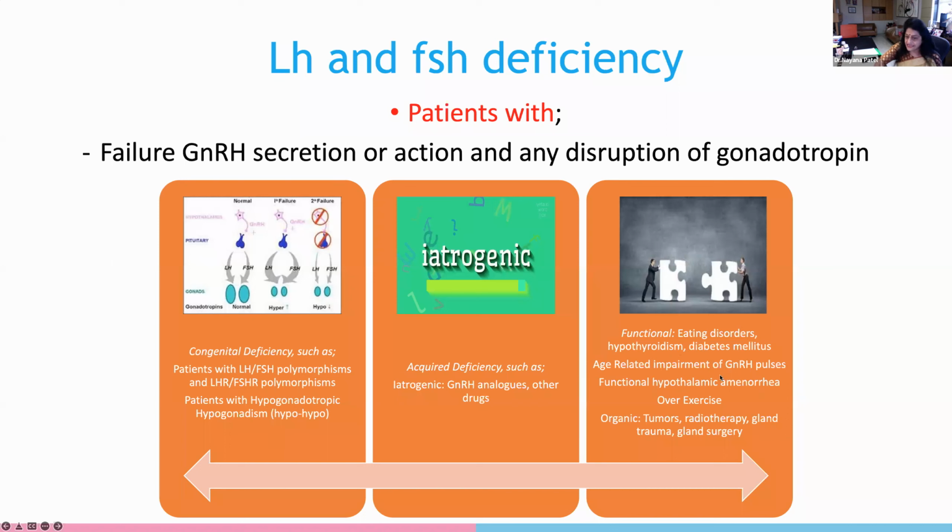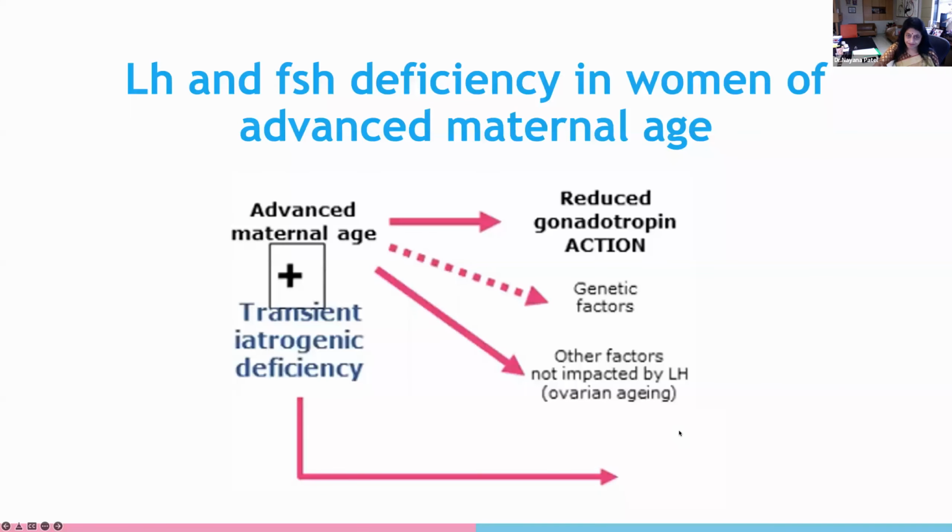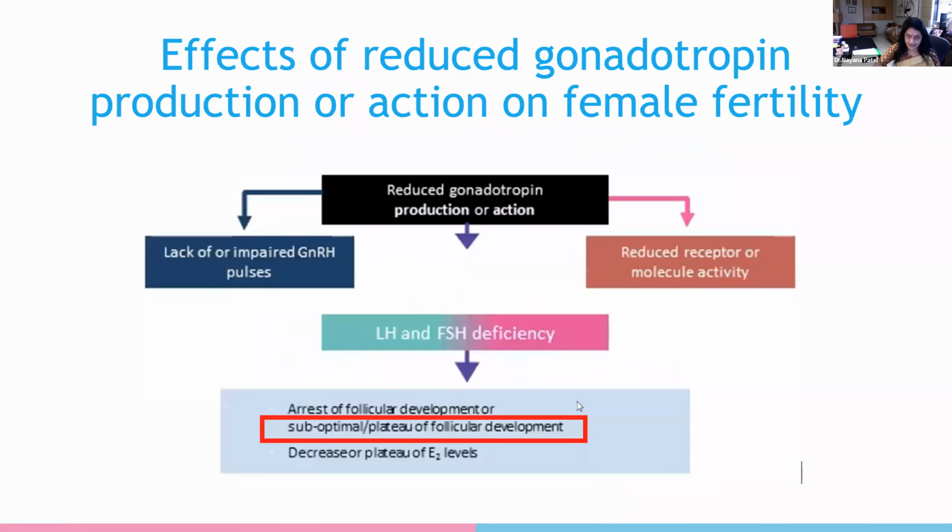And functional is eating disorders, over-exercise, impaired GnRH pulses, or radiotherapy and chemotherapy. Advanced maternal age again shows LH and FSH deficiency, and that is transient, and that could be because of the reduced action or because of genetic factors.